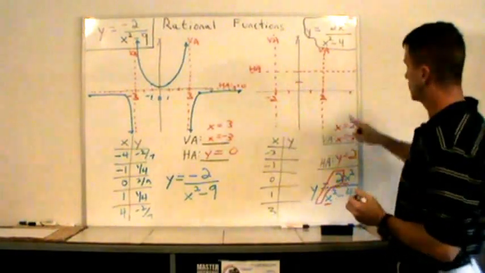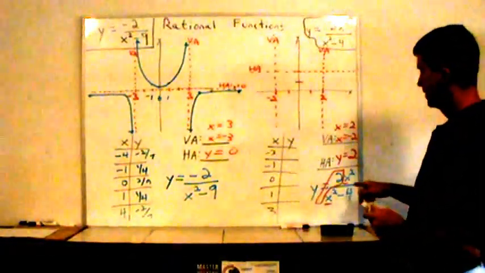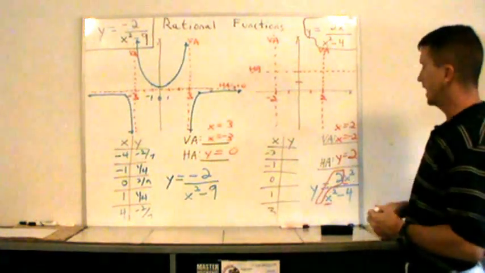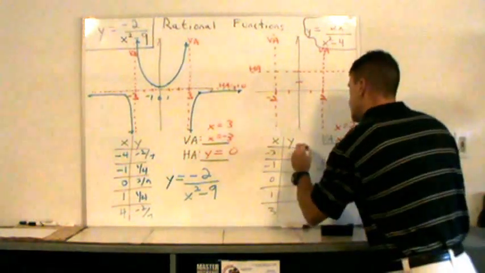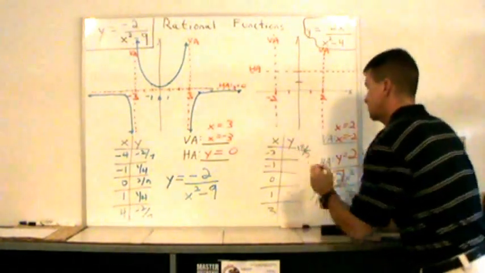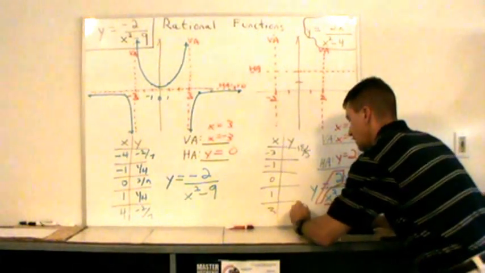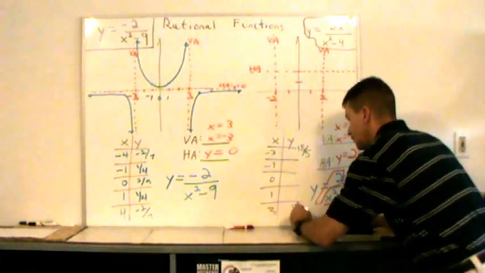Let's see. If I substitute a negative 3 into x, I got to do it in the top and the bottom. All right, 2 times 9, that's 18 over 5. It's positive. Same thing's going to happen at positive 3. 18 over 5.